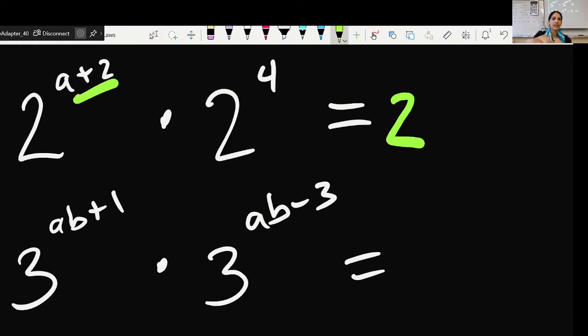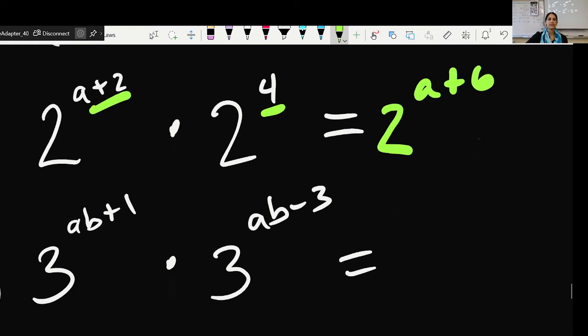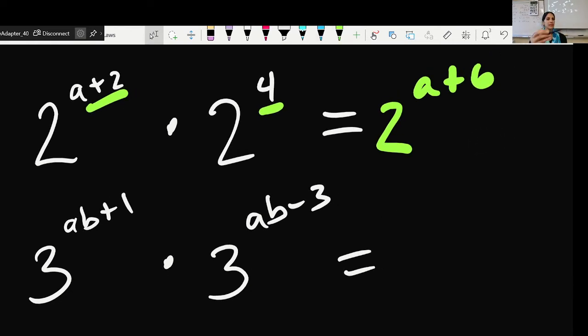And what do I do with these? Yeah, we add them, so it's going to be a plus 6. Because we did a plus 2 plus 4, so it's just the 2 and the 4 that we're adding together, so we get 2 to the a plus 6.